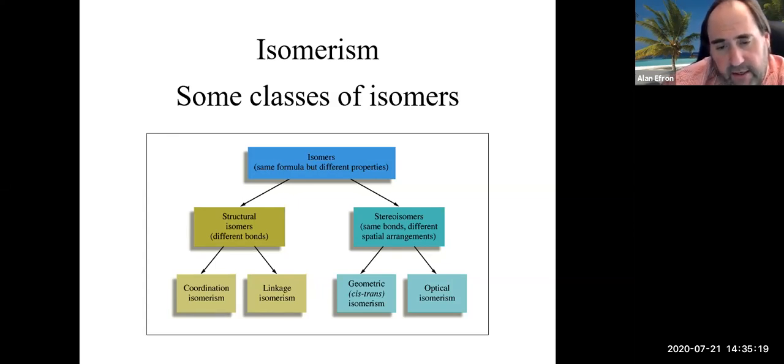On the other side, we have stereoisomers, which have the same bonds but different spatial arrangements. That's what I was talking about, different arrangements in three-dimensional space. That creates some isomers sometimes referred to as geometric isomers, which are cis and trans isomers, and we'll talk about what that means in a second as well.